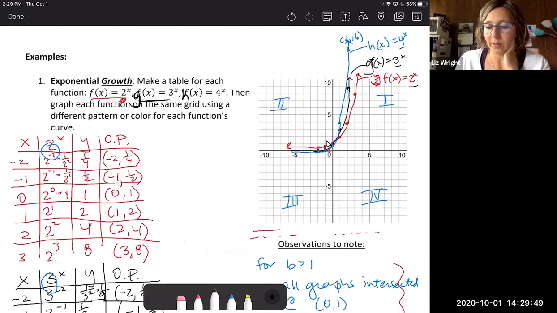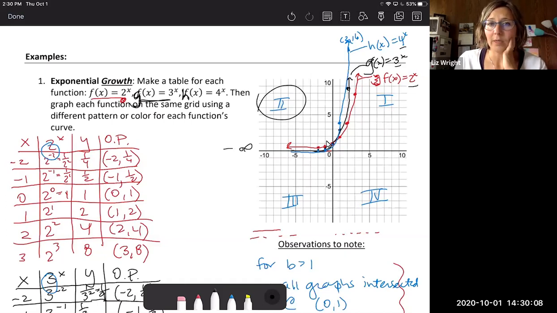For the graphs in quadrant 2, as our x's are decreasing, going further and further towards negative infinity, our graphs, as the base is increasing, get closer and closer to the x-axis.